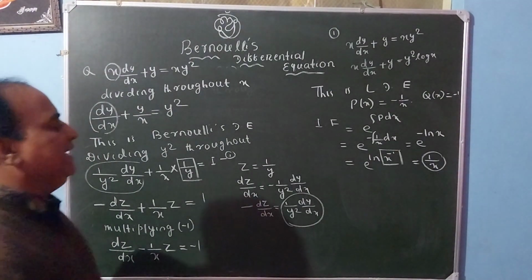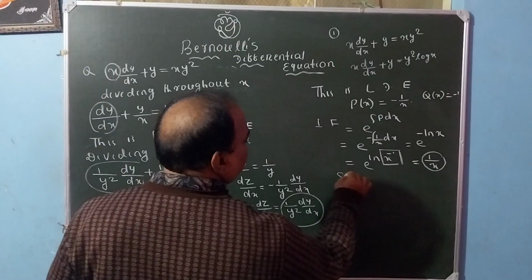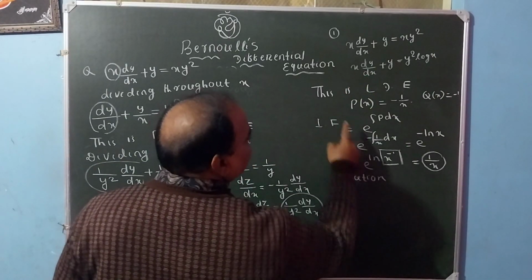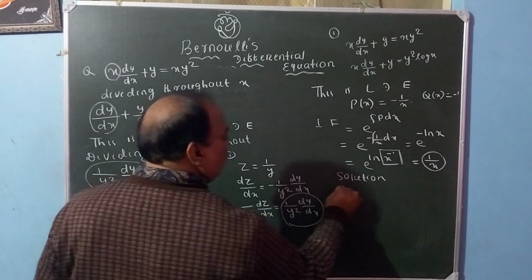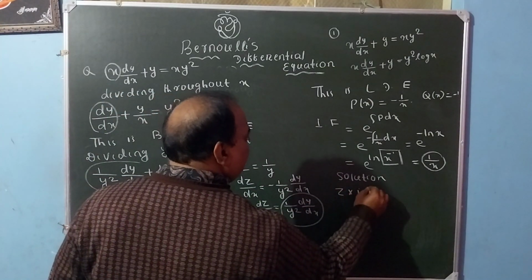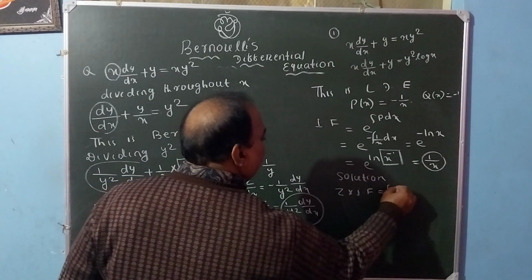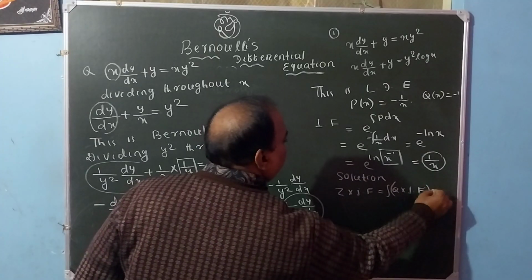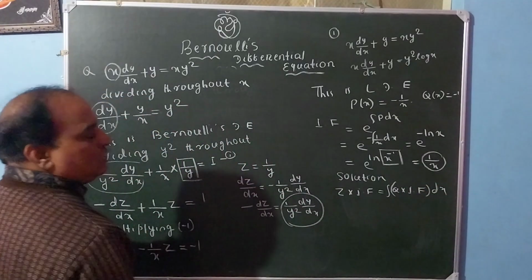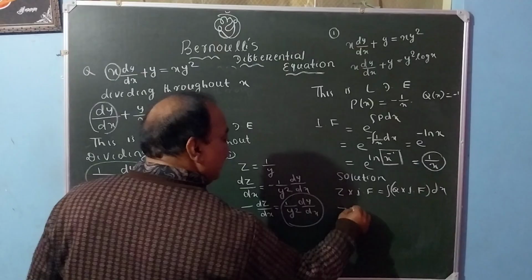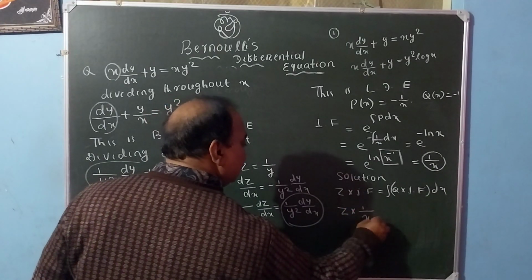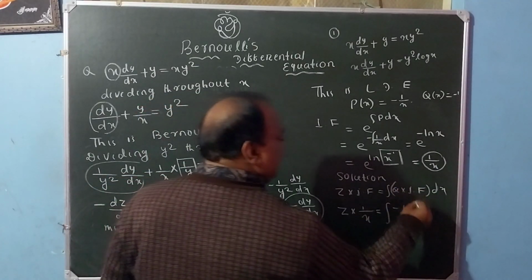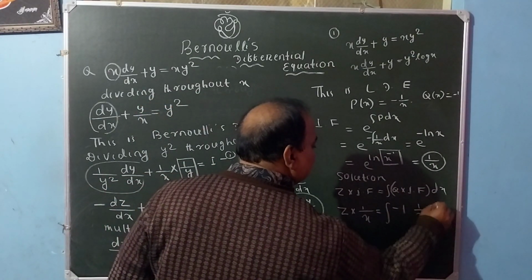Then the solution is z into integrating factor equals integral of Q into integrating factor dx. So z into 1 by x, Q is minus 1, integrating factor 1 by x into dx.